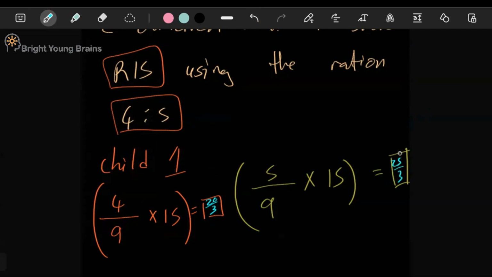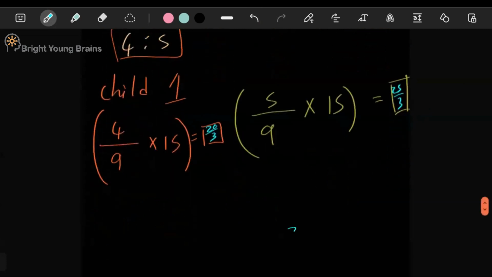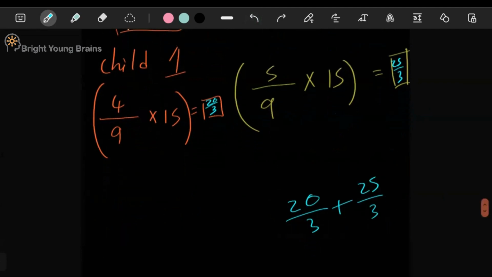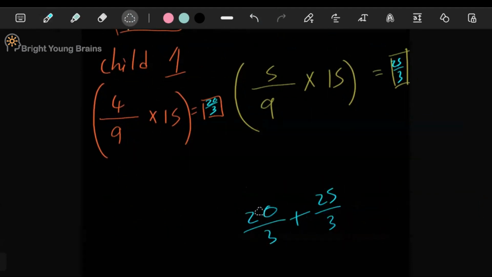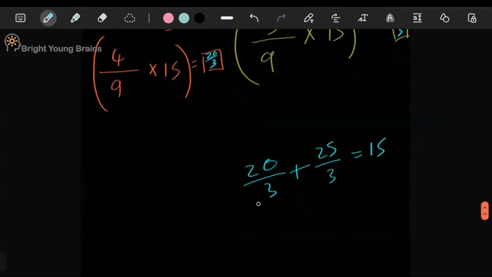And then if you put these together, they need to give you 15. What is 20 over 3 plus 25 over 3? 15. Exactly, because they're sharing 15, but one of them gets this much, the other one gets this much off that 15. So as a decimal, what is this number?